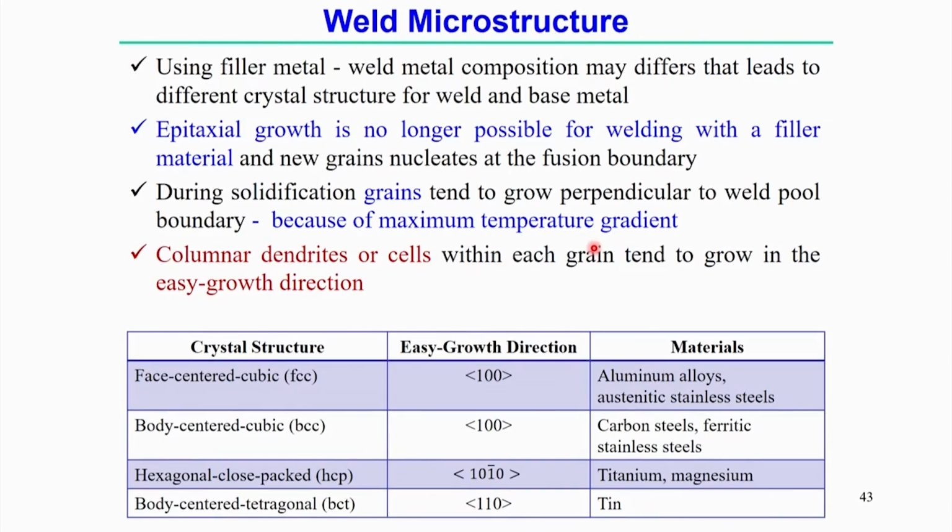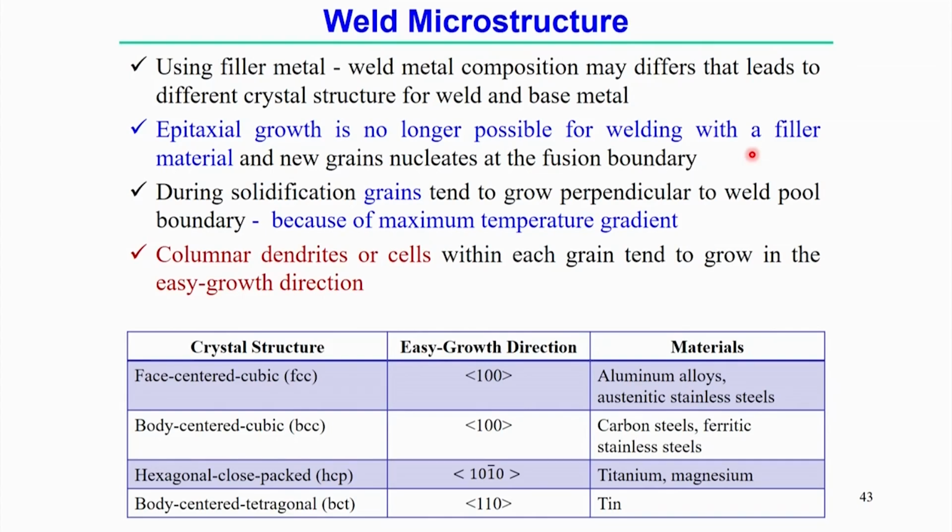So, during solidification the grains tend to grow perpendicular to the weld pool boundary, the reason being that the maximum temperature gradient exists along this direction. Sometimes the columnar dendrites or cellular structure within each grain also try to grow in the easy growth direction.